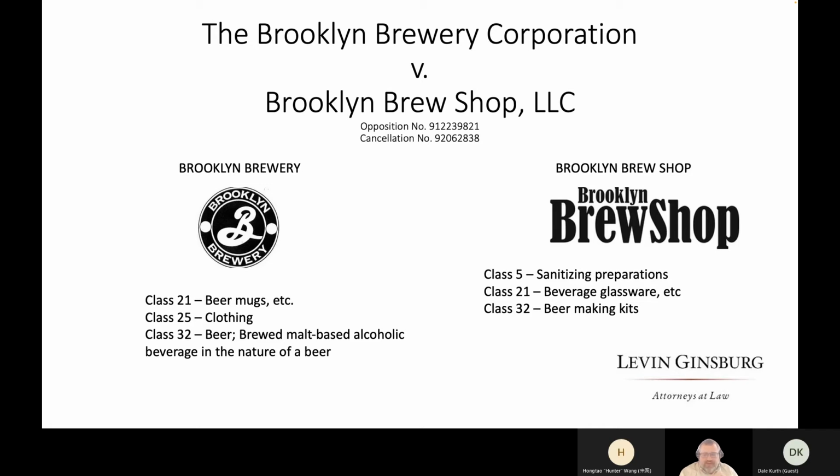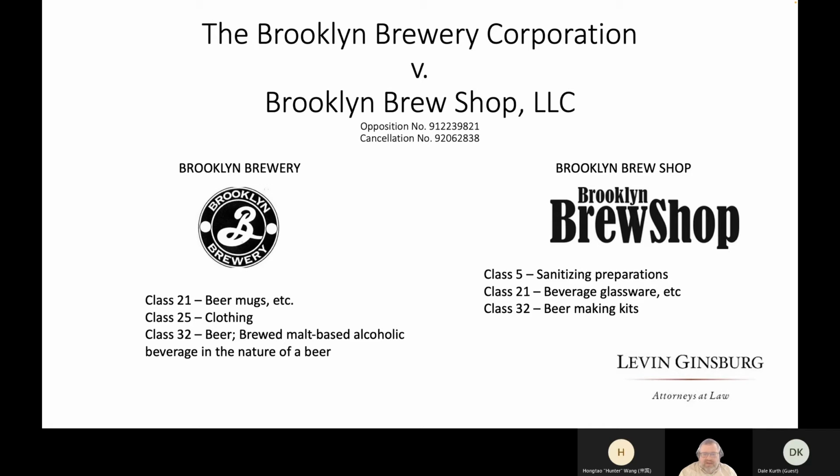Ultimately, what remains is whether or not they could then complain about their Class 5 or Class 21 goods. And in this case, there certainly are some interesting factors here. The first factor is the comparison. Brooklyn is in both marks, and Brooklyn is a geographic term, so it's a highly descriptive term geographically for that particular area of New York.